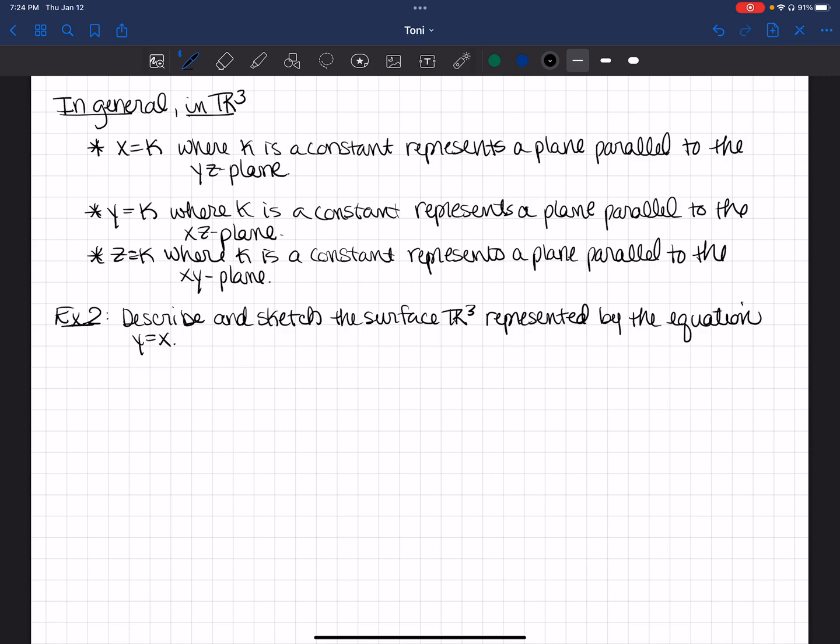R cubed just means in three-dimensional space. Well, y equals x is normally just linear. When x equals 1, y equals 1. When x equals 2, y equals 2. That kind of thing. It's still kind of the same thing.